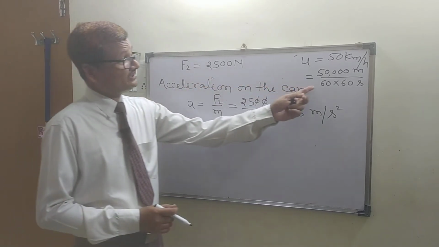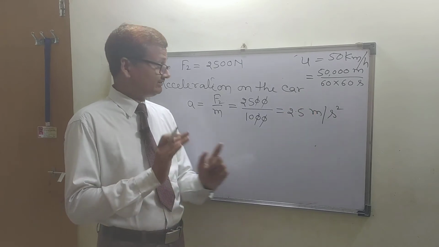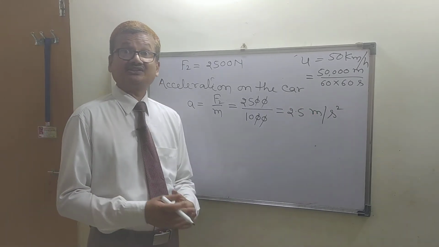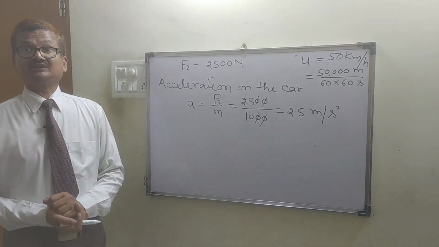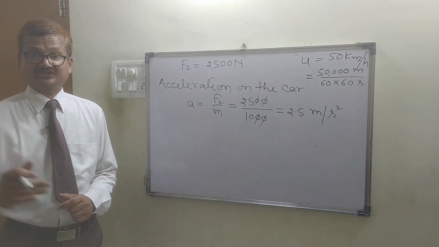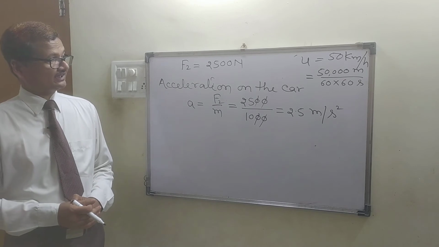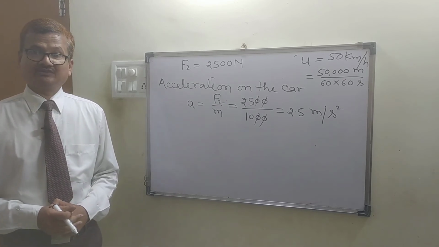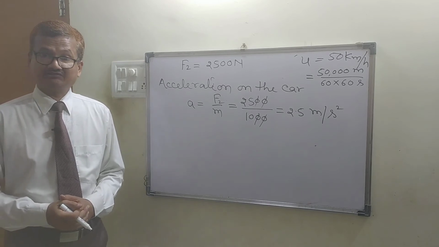So this is the initial velocity of the car, and when this negative acceleration is applied on the car, after a certain distance the car will be stopped. So you have to calculate that distance.